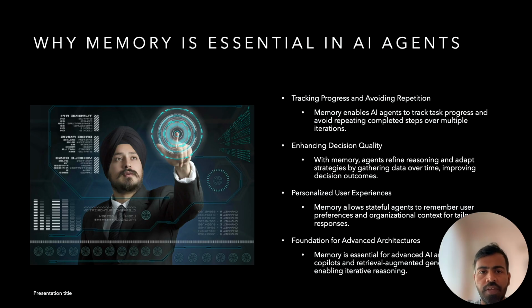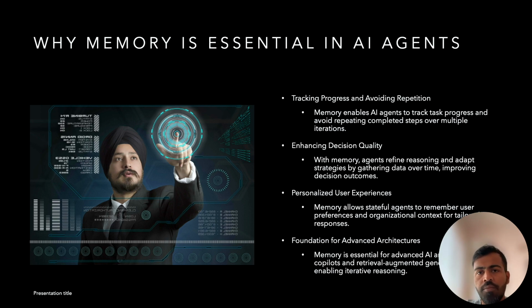Without memory, the agent behaves like a stateless function, making decisions solely based on the most recent input, an approach that is insufficient for applications requiring continuity or accumulated understanding.